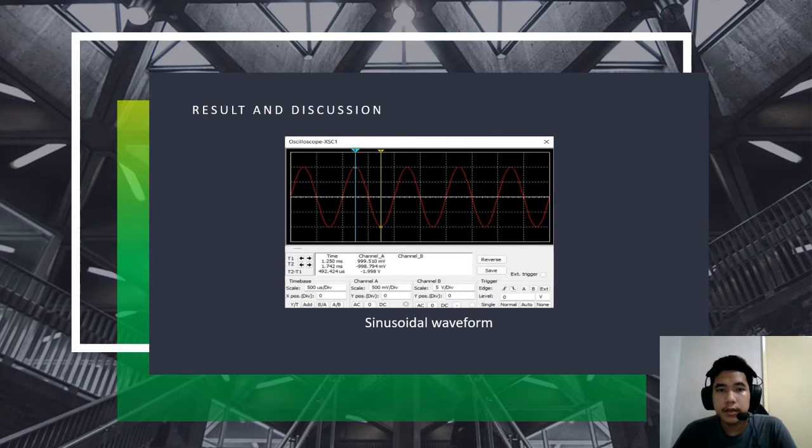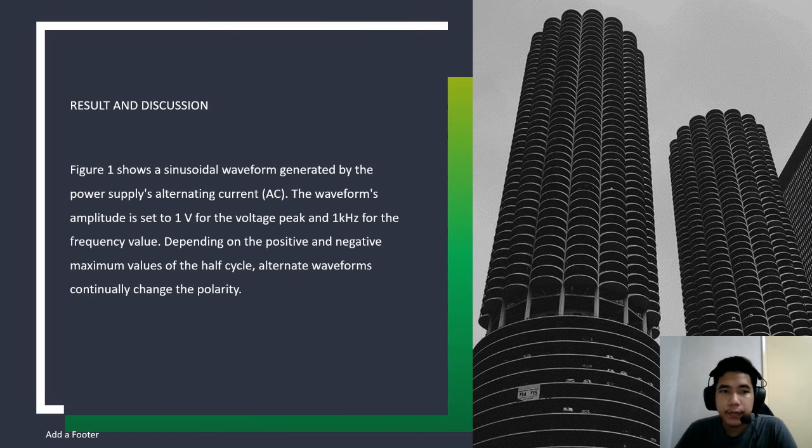Alright, so this is the result and discussion for our project, in sinusoidal waveform. Figure 1 shows a sinusoidal waveform generated by the power supply's alternating current, AC. The waveform amplitude is set to 1 volt for the voltage peak and 1 kHz for the frequency value.